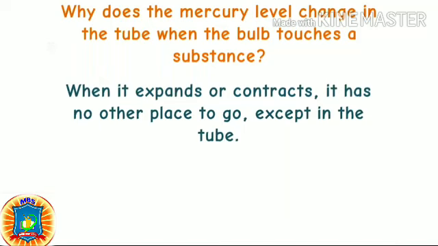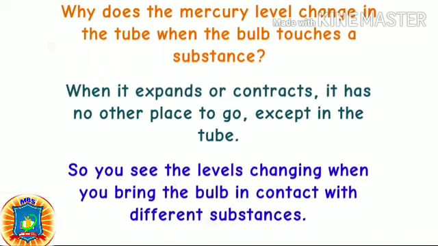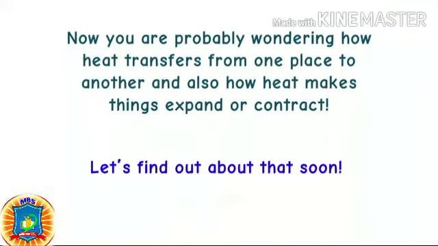When it expands or contracts, it has no other place to go except in the tube. So you see the level changing when you bring the bulb in contact. Now you are probably wondering how heat transfers from one place to another, and also how heat makes things expand or contract. Let's find out about that soon.